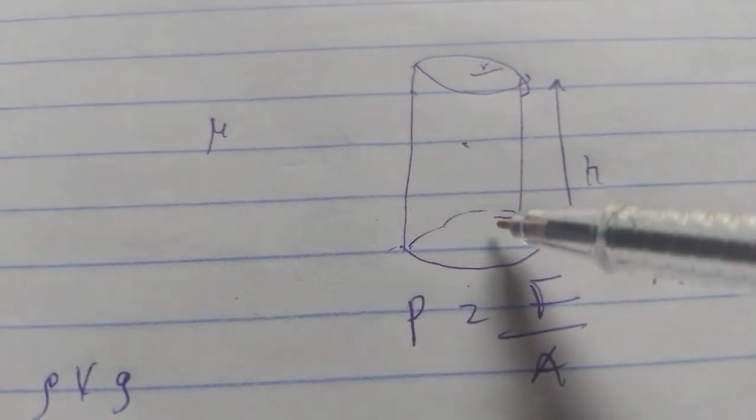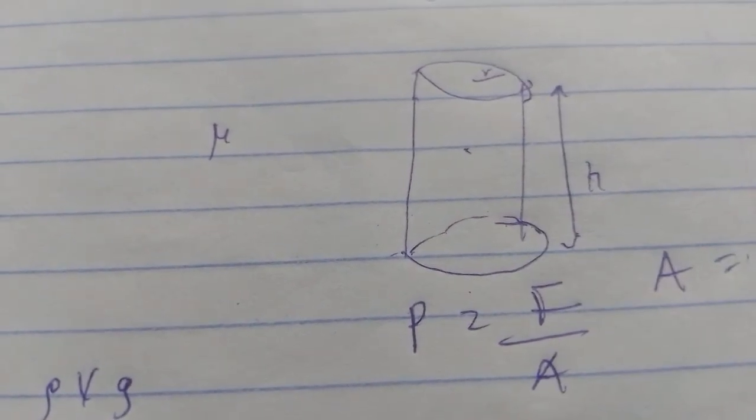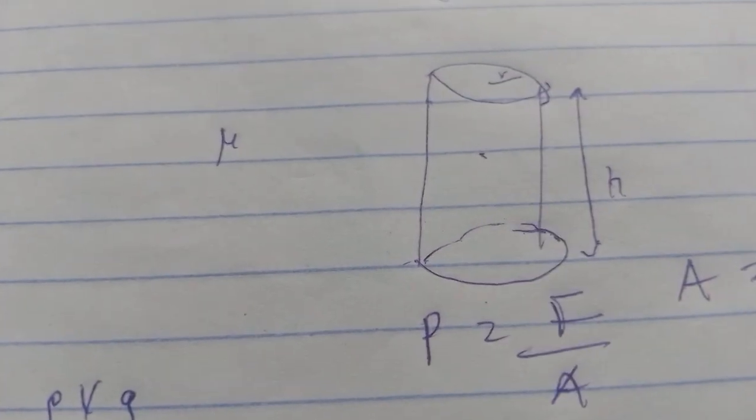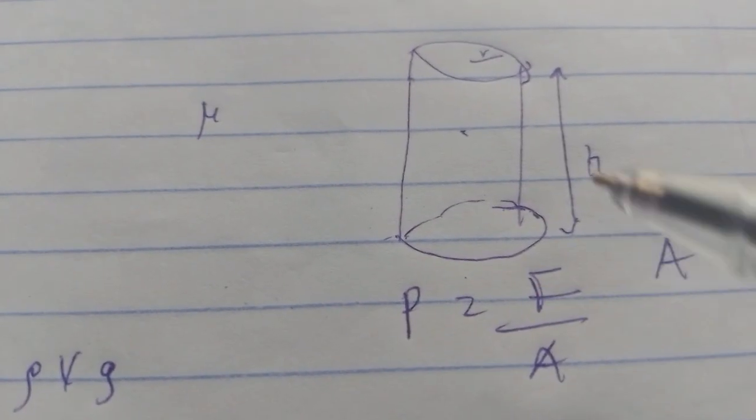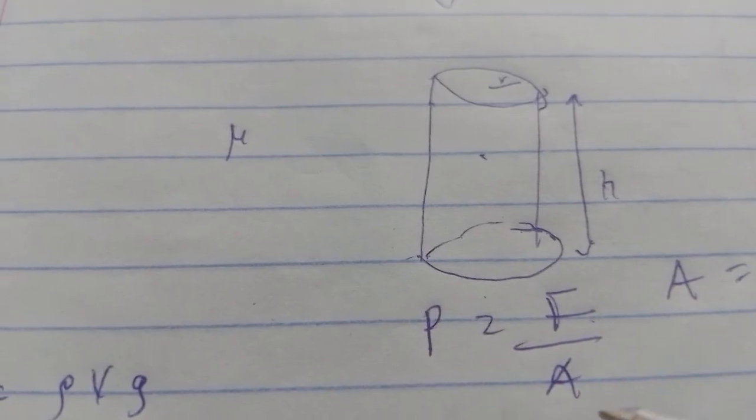Let's say we have a cylinder like this, having a height h and a radius r. Now, how can you determine the pressure? We know that pressure is force over area.